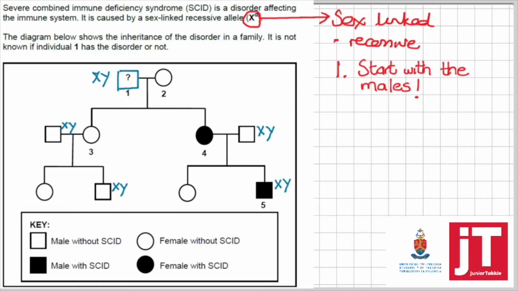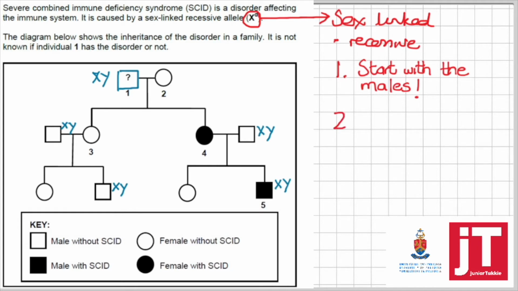The only thing left for us to do is to determine whether or not there is the dominant allele for the normal expression, in other words, without the occurrence of SCID, which would be the dominant allele on the X gonosome, because the recessive allele is the one that actually causes the expression of SCID.